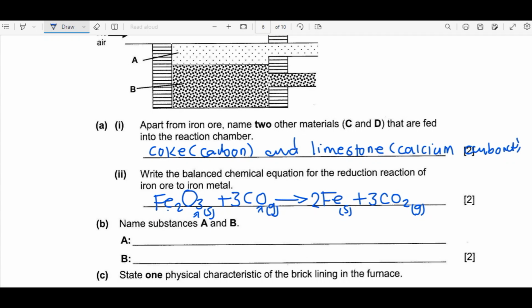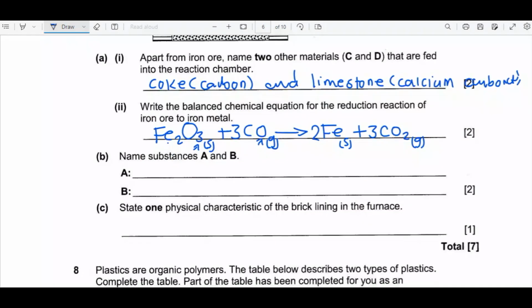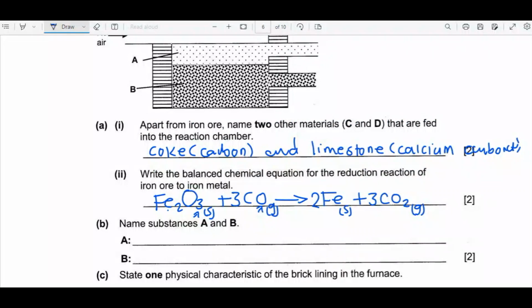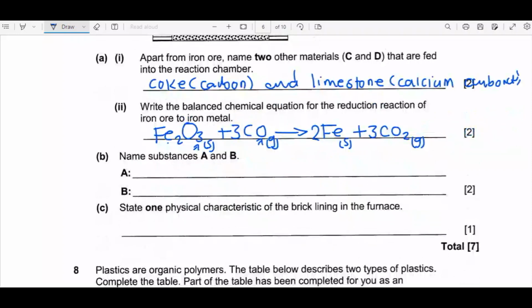So our equation is now balanced. Then we move on to question B. Name substances A and B. So A is the one on top, which is molten slag. Then for B, we have molten iron.